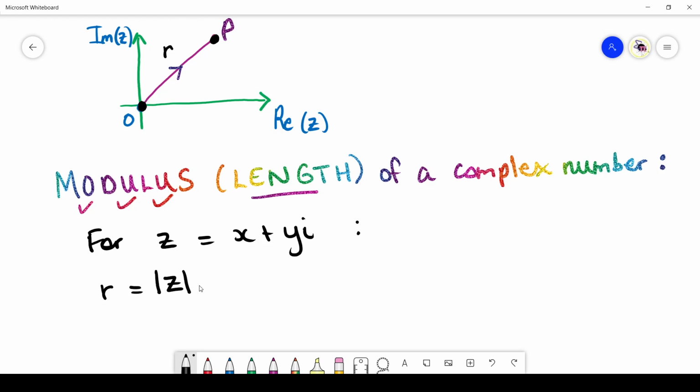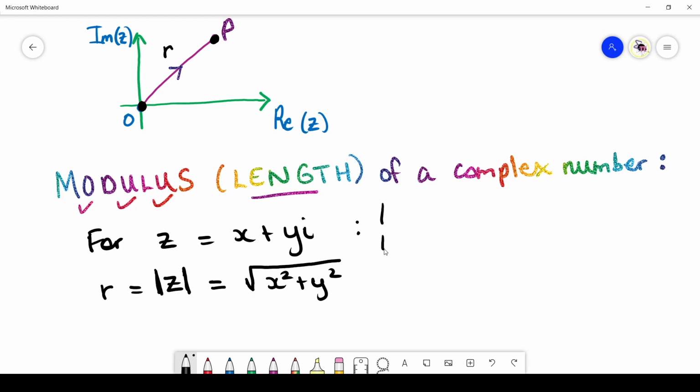So the modulus of z, denoted by those parallel bars, takes the formula, the square root of x squared plus y squared. So very, very nice and simple.